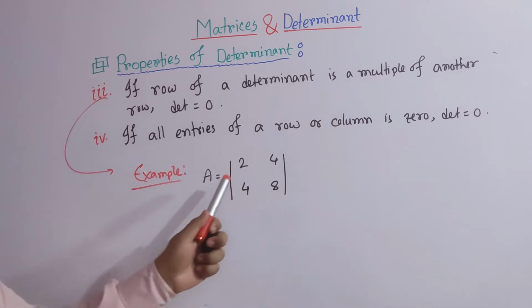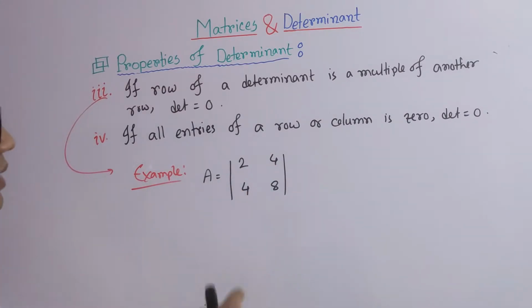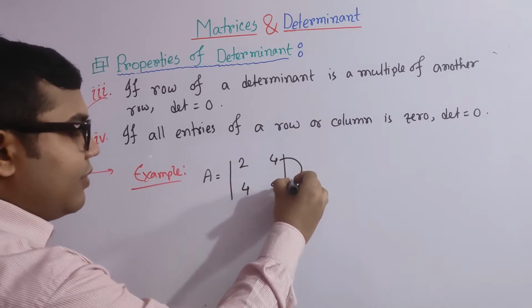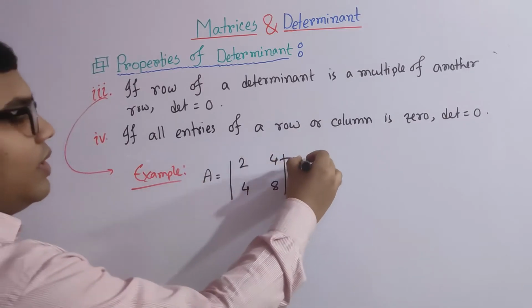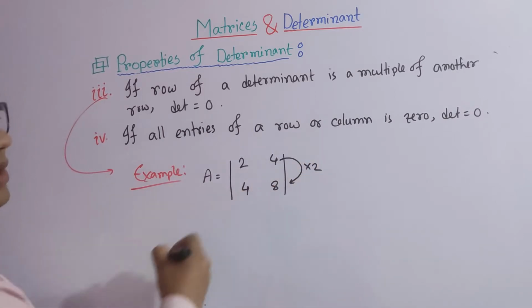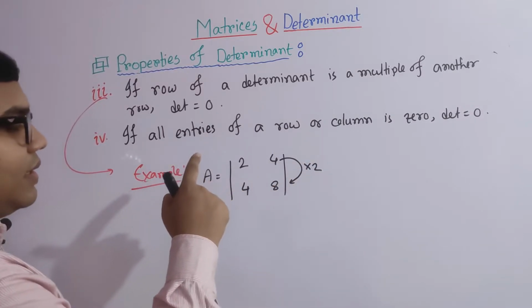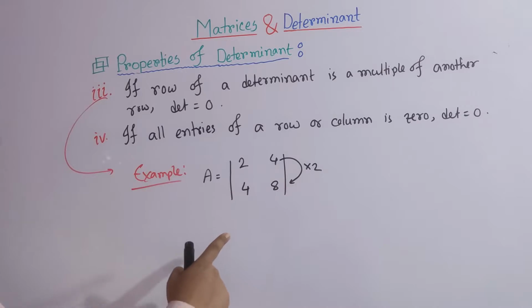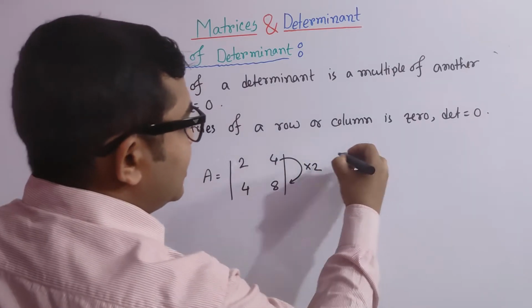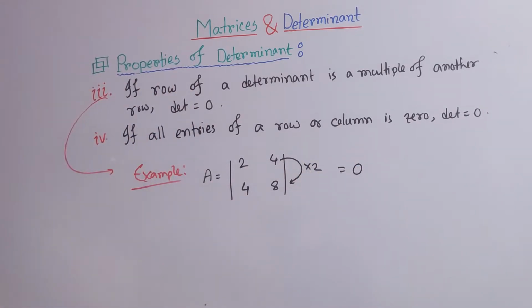So look at the rows here. These rows have a relation. Exactly, if we multiply our first row by 2, we will get the second row. That's why if we see this type of pattern, then we will say that this is definitely 0. Why 0?